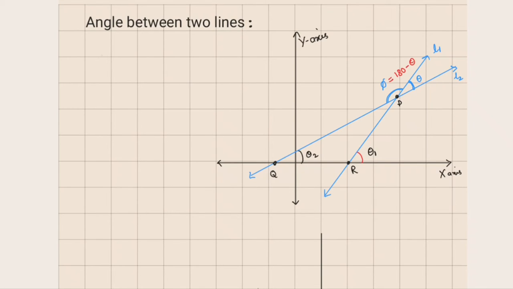If you observe triangle PQR, angle PQR equals theta 2. Angle QPR is this angle, which is equal to theta, because these both are vertically opposite.